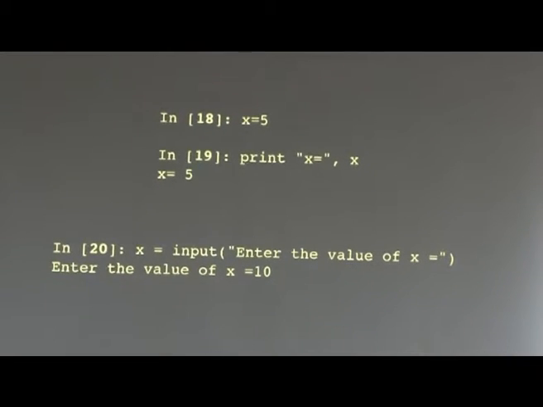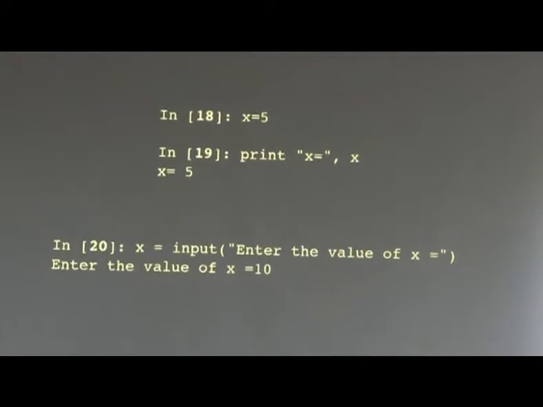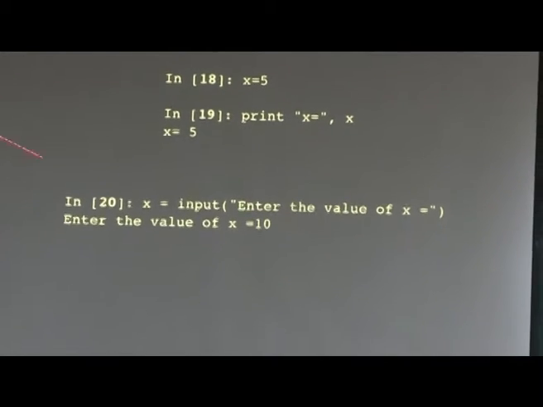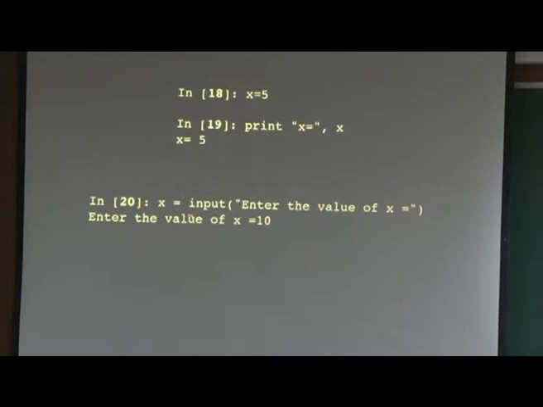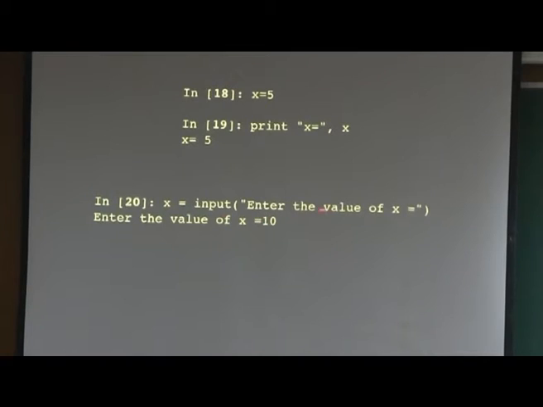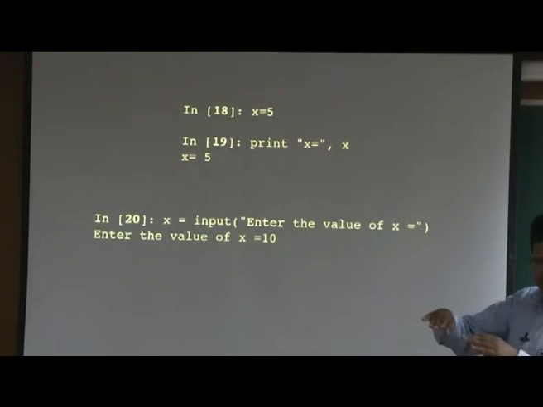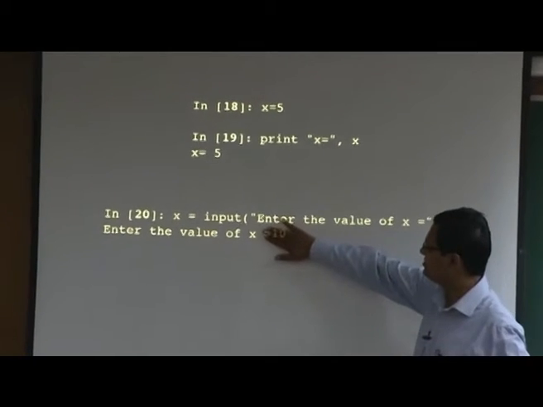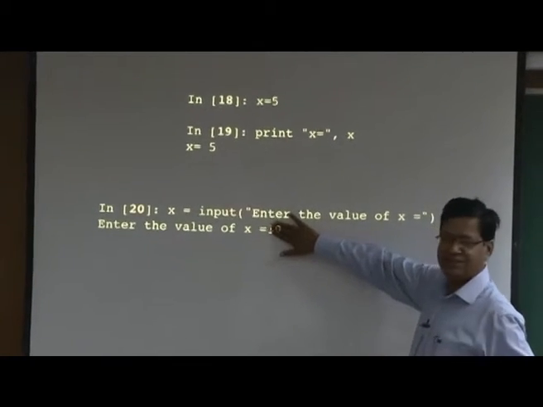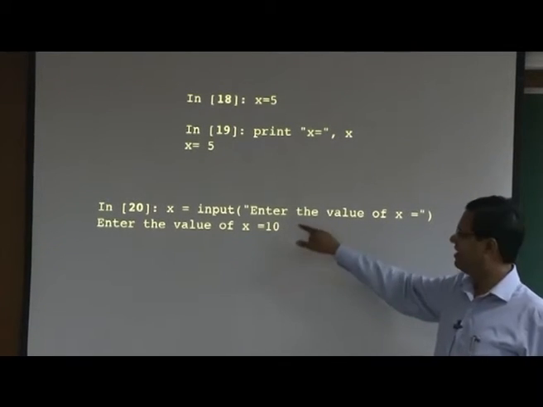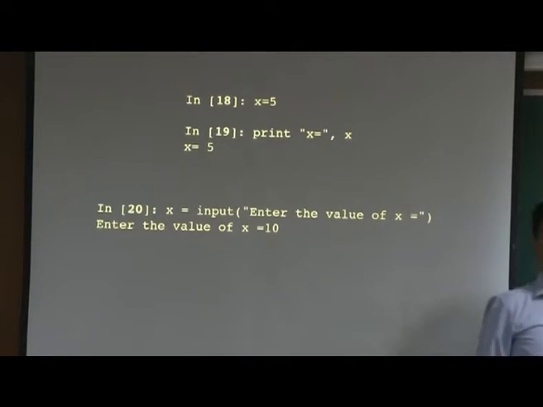For input, some homework may have this kind of exercise. You can put in the computer x equal to input, and what will come out at the bottom is a prompt, then you could put a number 10 and it will go in and be stored in x.